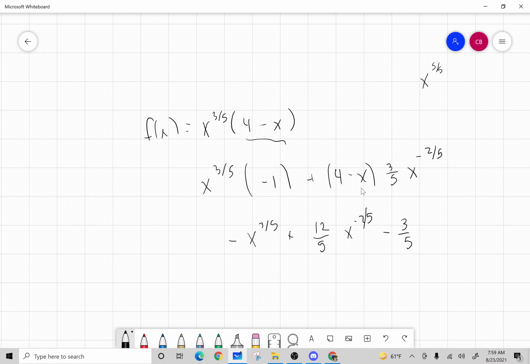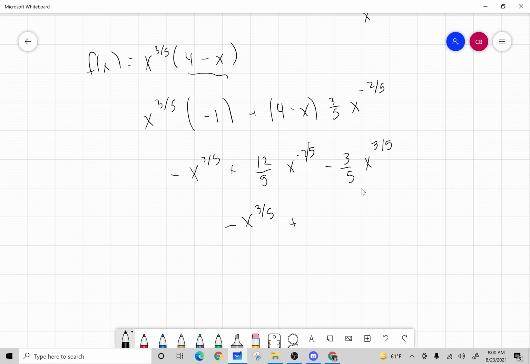So what do we have? That's kind of gross. How can we do this? Negative x to the 3/5 plus, how do we work this out?